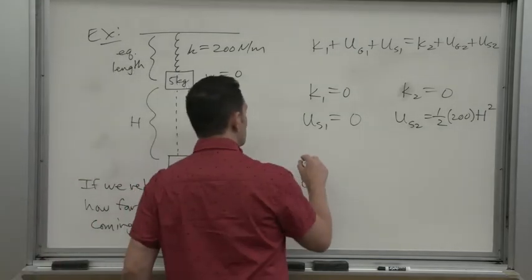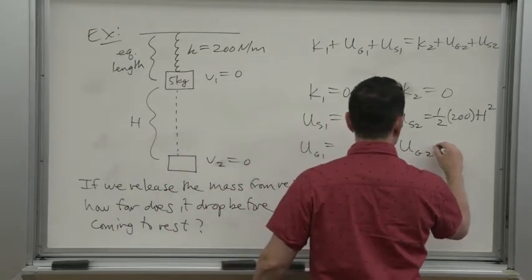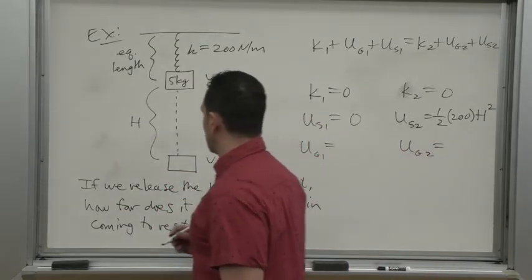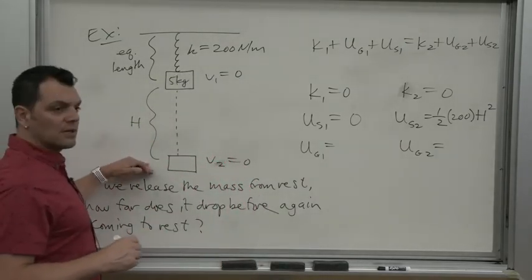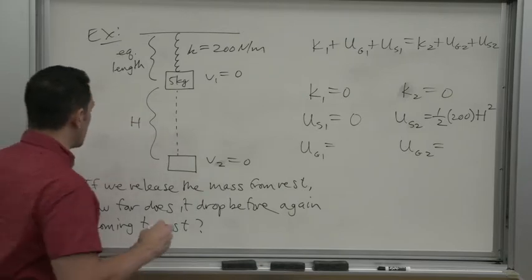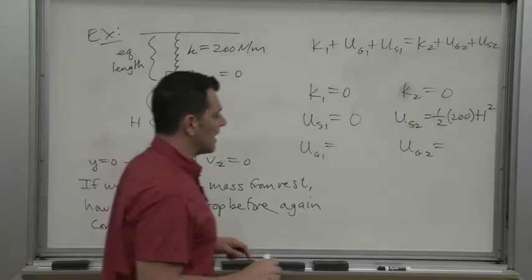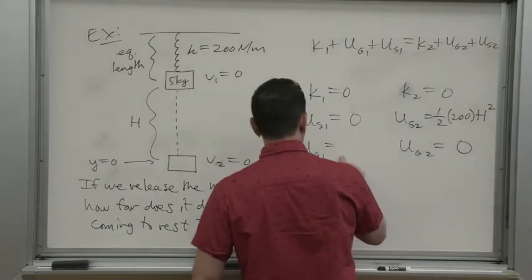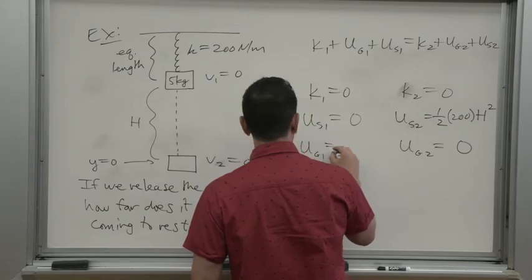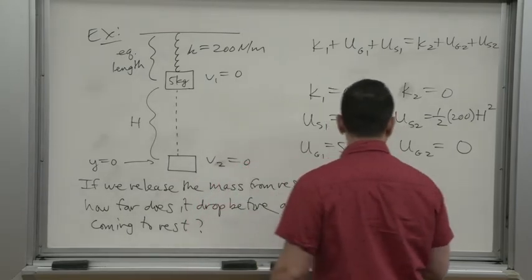What about UG1 and UG2? Well, it all depends on where I define my y to be 0. I can define it to be 0 here or here. If I take y to be 0 here, then my gravitational potential energy is going to be 0 here, but my initial one is going to be mgh, which is 5 times 9.8 times h.